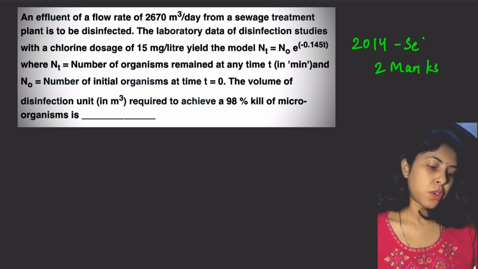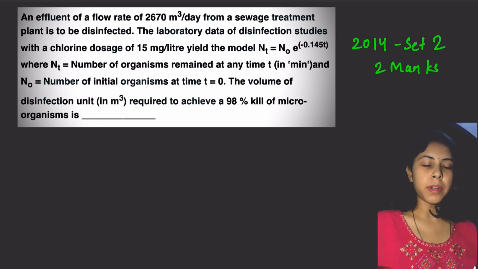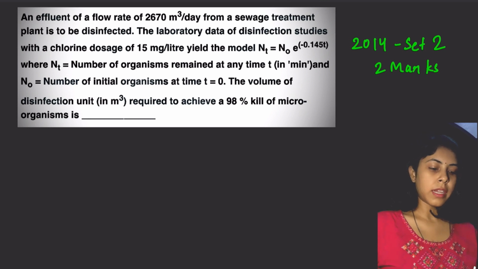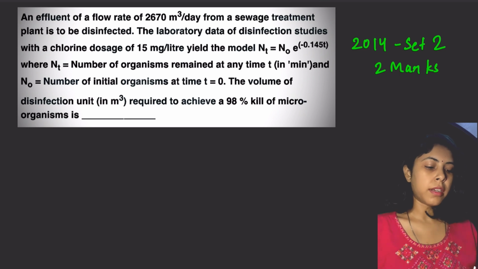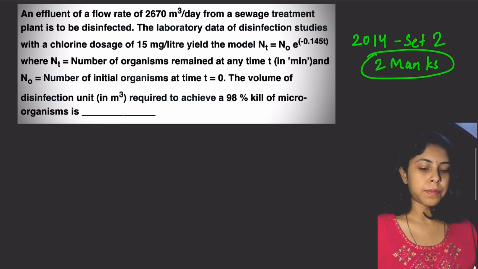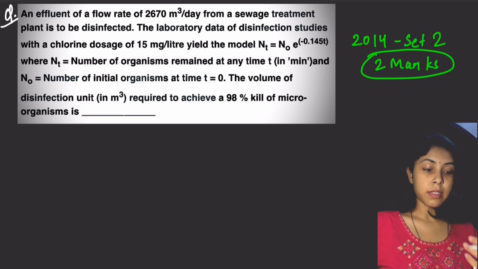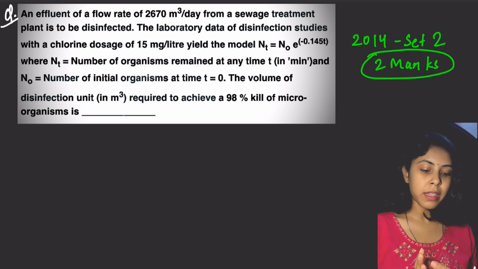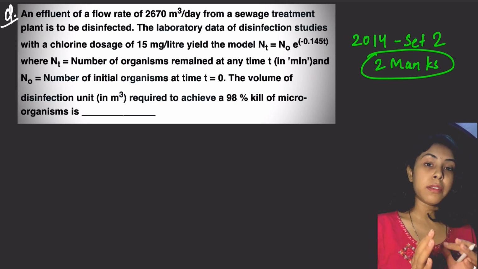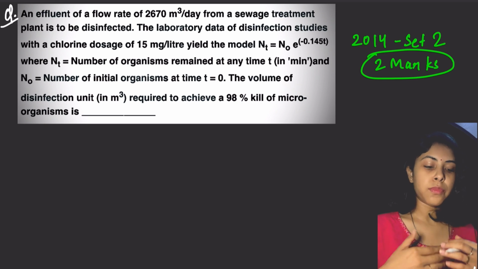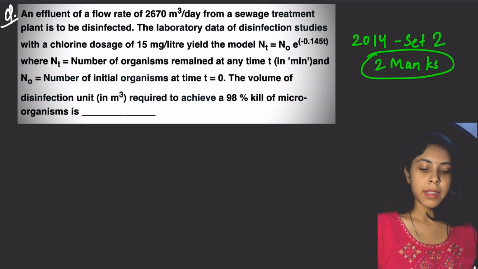It was set 2, paper from the year 2014, and it came for 2 marks. So here as we can see the question, first we need to read the question and recognize. For any exam, first we need to read the question and we should know from which subject it is, right?